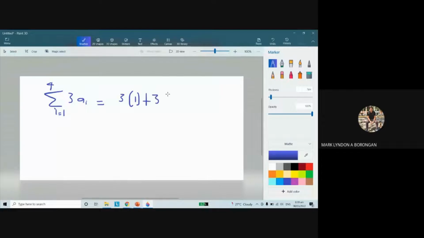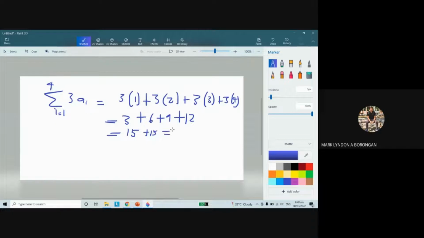Plus 3 times 3 plus 3 times 4. So this will be 3 plus 6 plus 9 plus 12. So, muna siya, 15. Di ba kay 3 plus 12 is 15 man na. Then 6 plus 9 is 15. So, 15 plus 15 is just equal to 30.